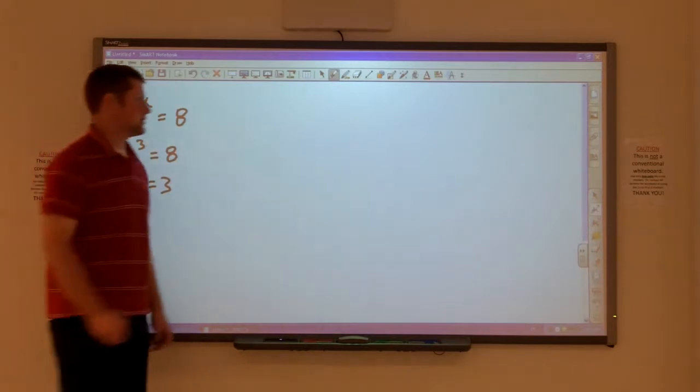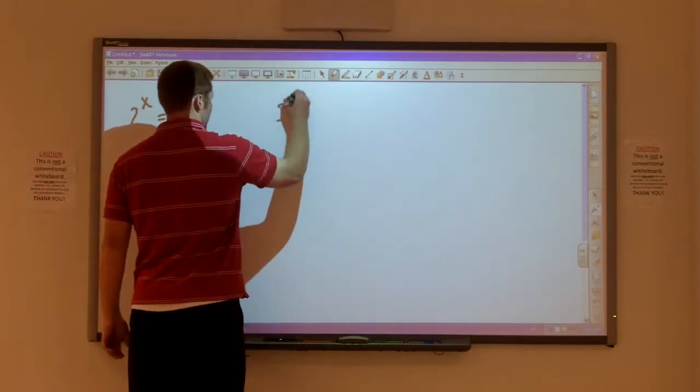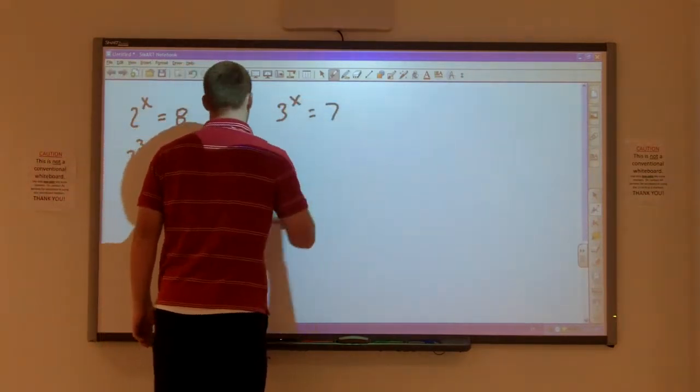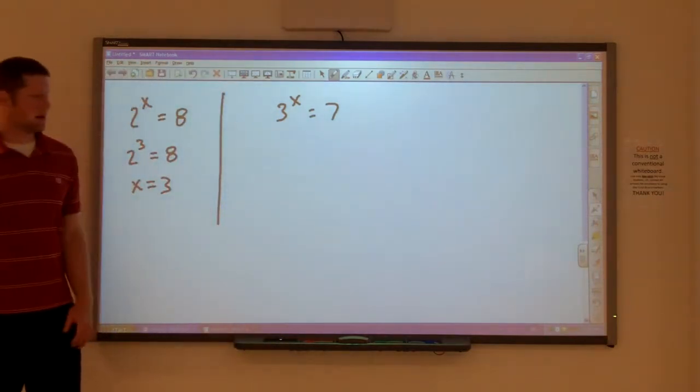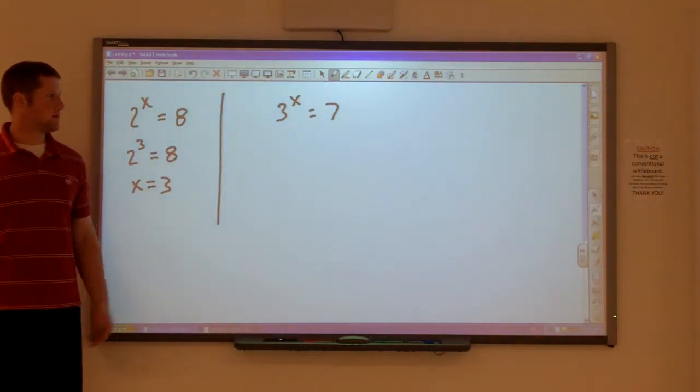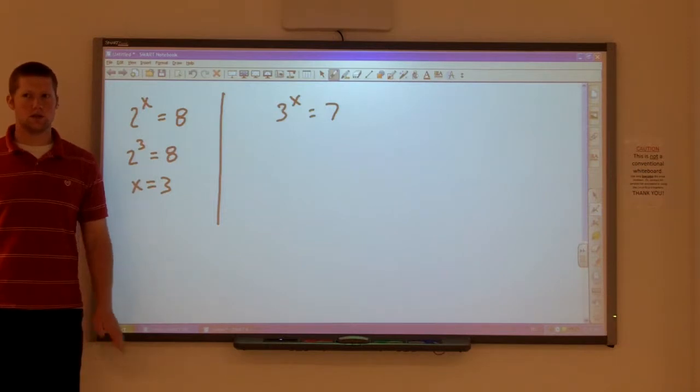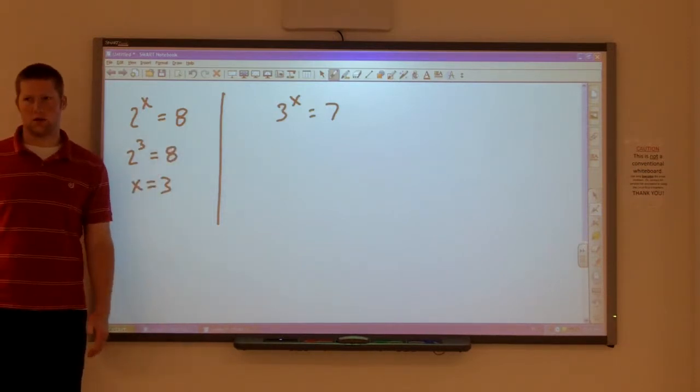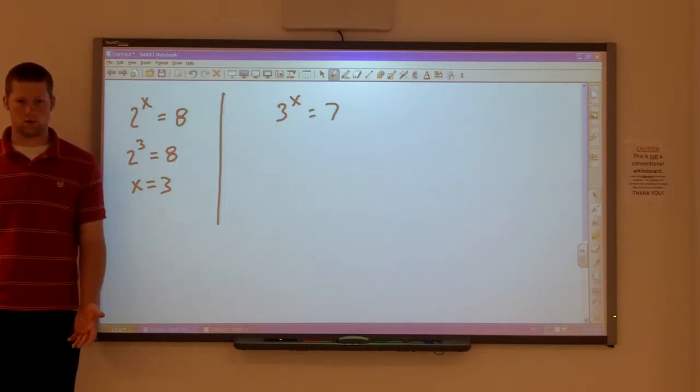But how would we solve something like 3 to the x equals 7? It's not clean cut there. It's not going to be an integer. So we need some type of way to work this out algebraically. Well, that's where the inverse function of exponentials comes in.